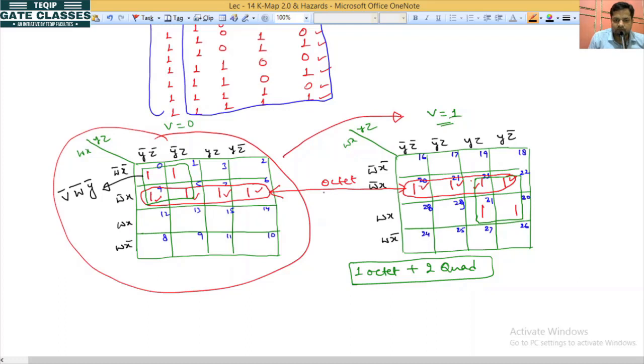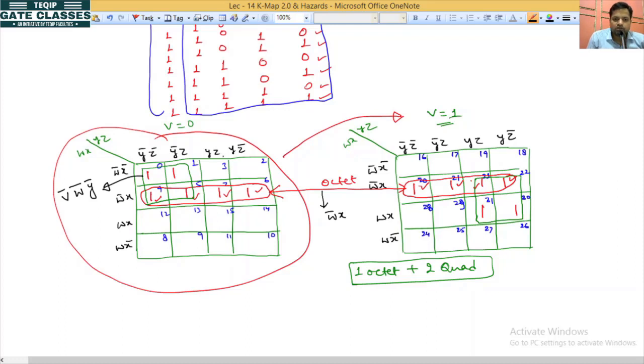Okay, similarly, if you go to write the expression for this octet, what is common in this octet? We have w bar x here, w bar x here. So from rows we have common as w bar x, and for columns nothing is common.